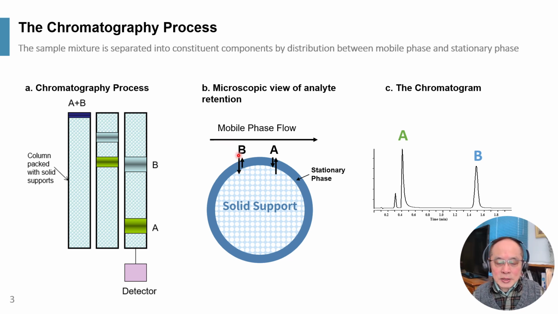B is much more retained because it has a higher partitioning coefficient or retention mechanism into the solid support. Therefore, in the chromatogram, where we have absorbance versus time, component B is eluting as a later eluting peak.